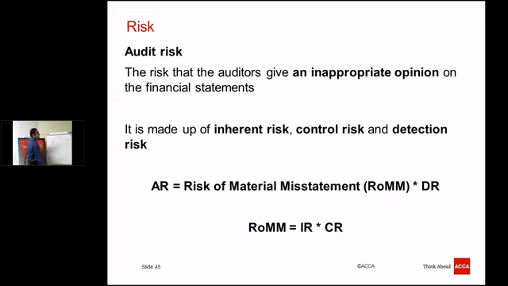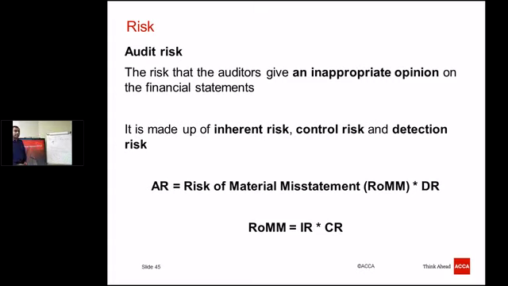And to bring detection risk down, now comes the concept of materiality. The auditor will have to lower the materiality level. Because whenever the auditor lowers the materiality level, it is going to lower my detection risk.